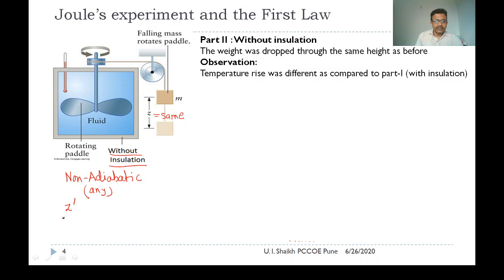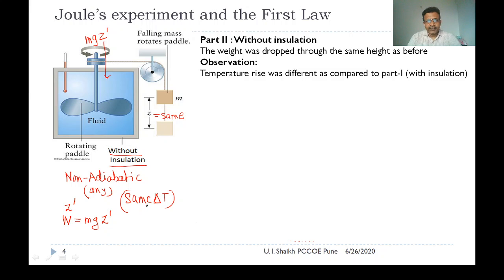Then what is changing? The amount of work supplied to this non-adiabatic system is changing, which is equal to m into g into Z dash. So here the work transfer is changing. Previously it was m into g into Z, now it must be m into g into Z dash to achieve the same temperature as before, or the same delta T.